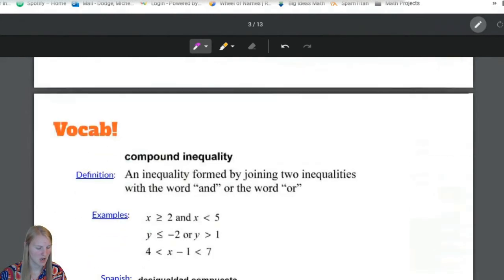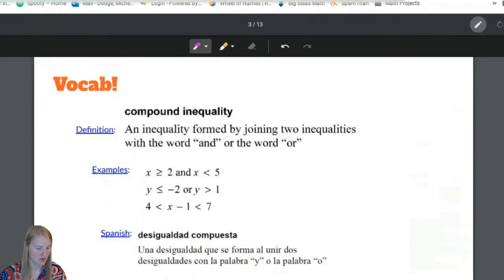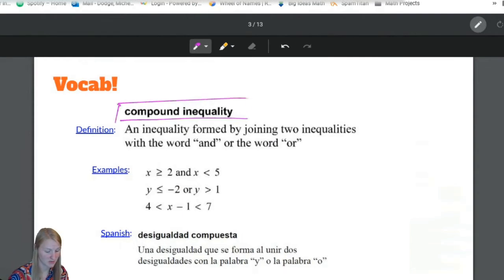Well, here is our vocab for what a compound inequality is. It is an inequality formed by joining two inequalities with the word and or the word or.